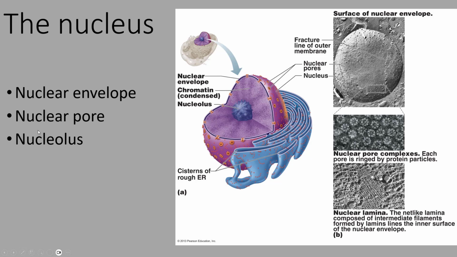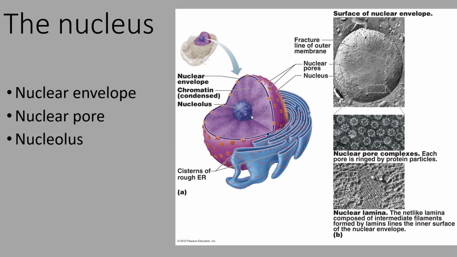Also found within the nucleus is a small structure called a nucleolus. Now, some cells have many nucleoli. Some cells just have one. But the nucleolus, or nucleoli if there's more than one within the nucleus, is made of protein and RNA.